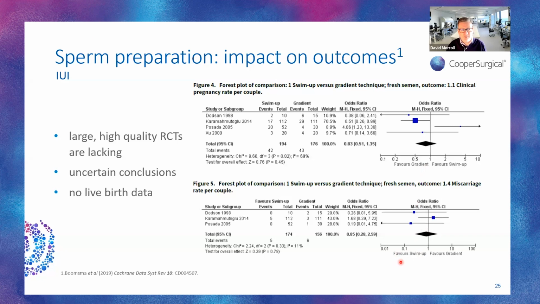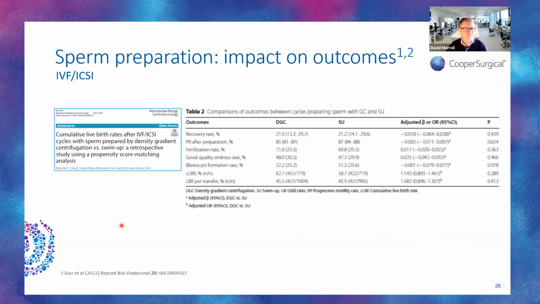So it didn't seem to have a big impact. Again, with the warning that we don't have a lot of great data. There's a lack of large, high quality randomized controlled trials. So the conclusions are a little bit uncertain. Plus, of course, they didn't have access to live birth data.